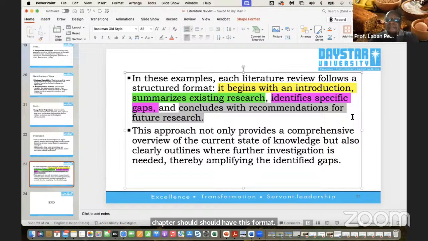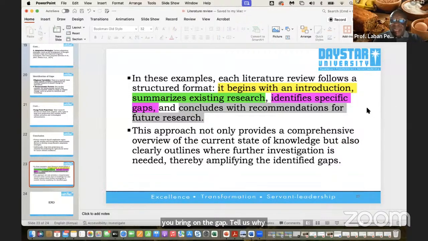And so when you are summarizing existing research, you go back to your objectives, to your research questions, and you do literature around those objectives. And then you bring out the gap and tell us why your study wants to fill that gap.